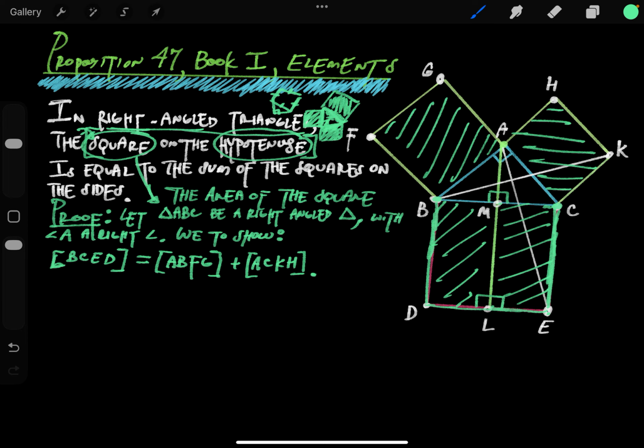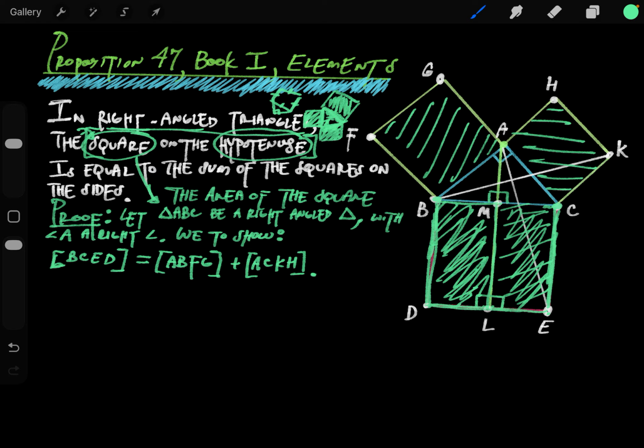And then it's clear that the area of this rectangle plus the area of this rectangle is the area of the entire square BCED. So if I show that this rectangle is the same as this square, and this rectangle has the same area as this square, then that means this square plus this square is equal to this whole square.